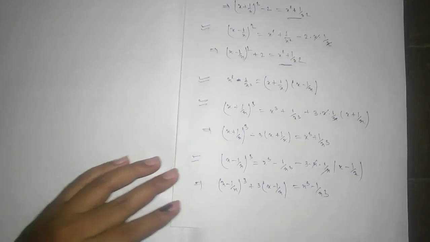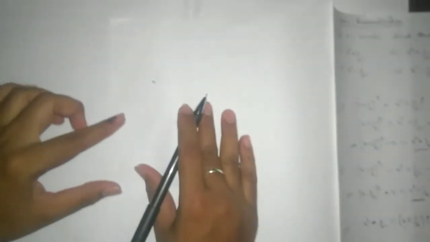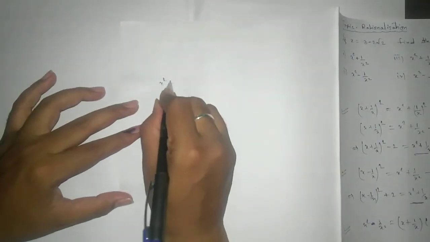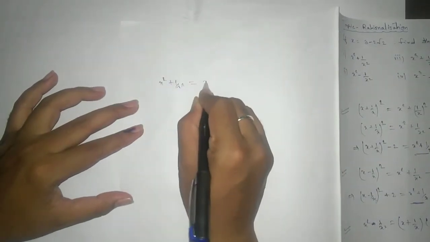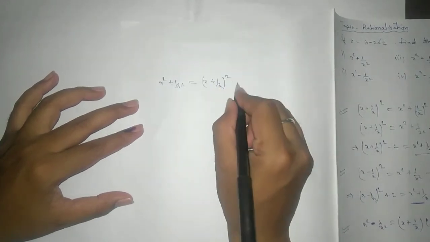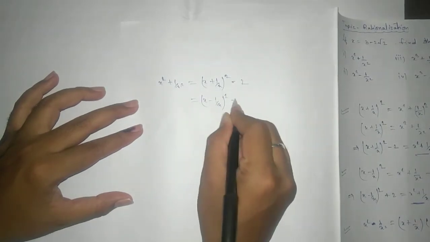So in short, if we look at the formulas: for x square plus 1 by x square, we have x plus 1 by x whole square minus 2. Otherwise we have x minus 1 by x whole square plus 2.